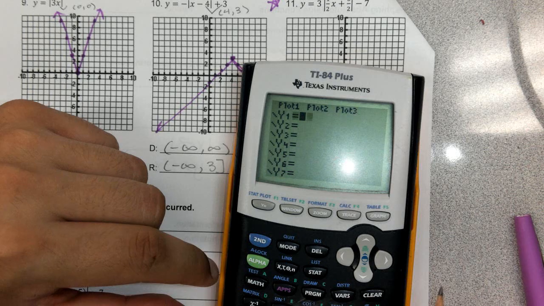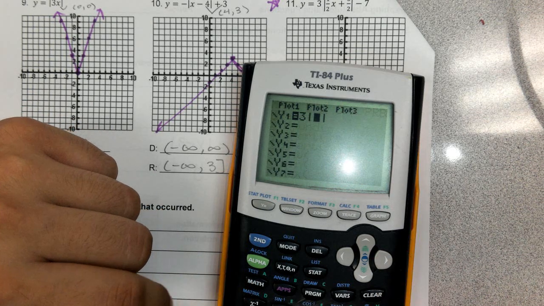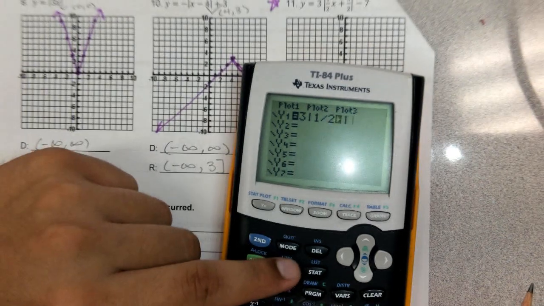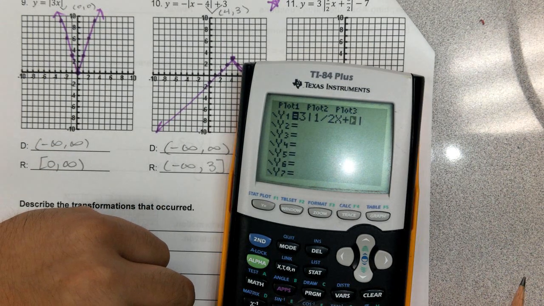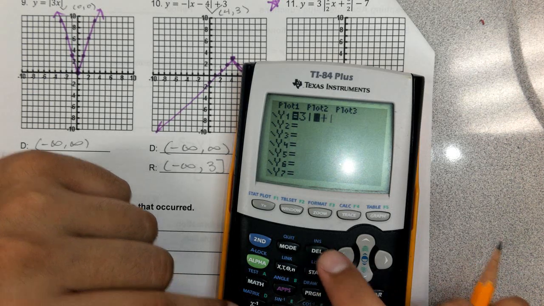All right, so we have 3 to get the absolute value. It's math, num, abs. We got 1/2 x plus, all right, let's use alpha y equals.